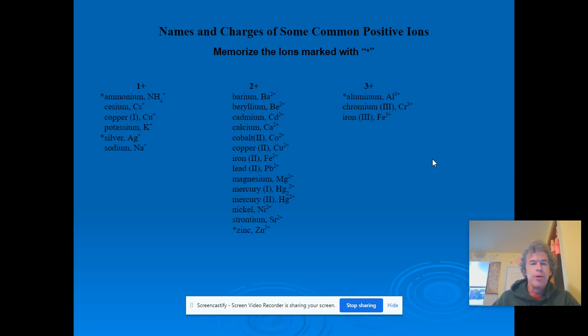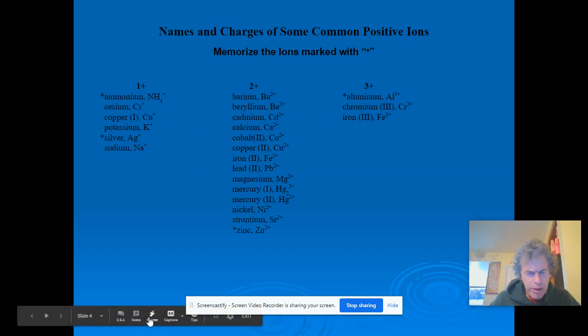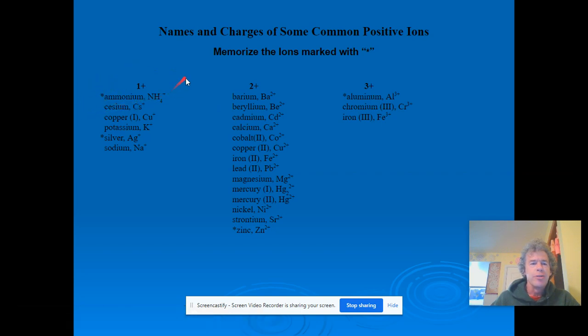For example, the ammonium ion is NH4+. We want you to be familiar with the ions with the little asterisks here. So ammonium is NH4+, silver is Ag+, zinc is 2+, aluminum is 3+.